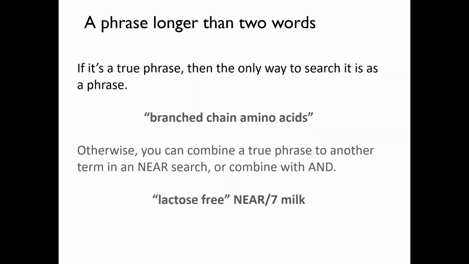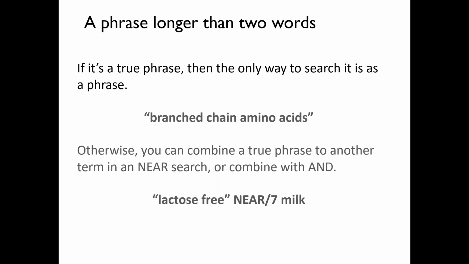So what do you do if your phrase has more than 2 words? If it's really truly a phrase, then you can just put the whole thing inside the quotation marks. That works really well with something like branched chain amino acids, where those words are going to be together in that sequence, and they will be exactly those words.